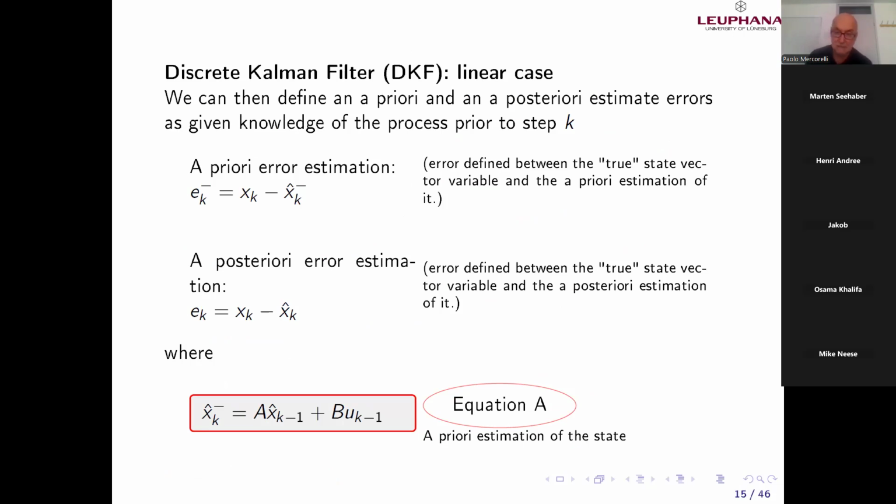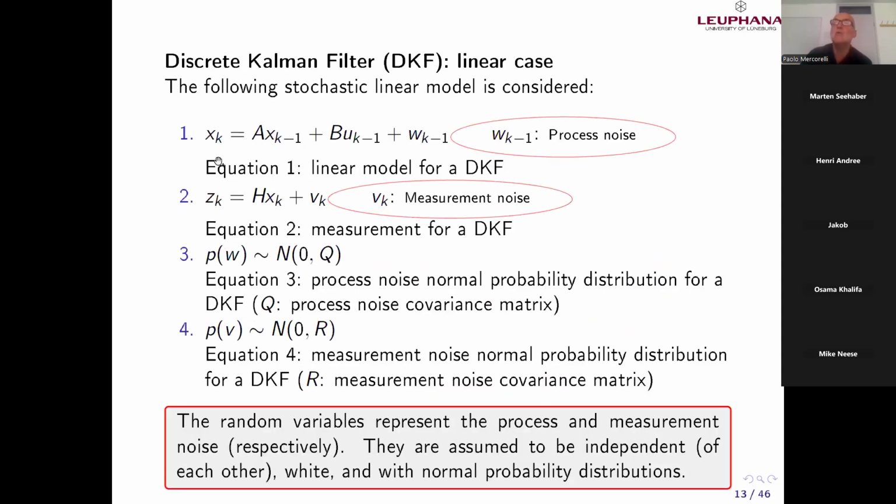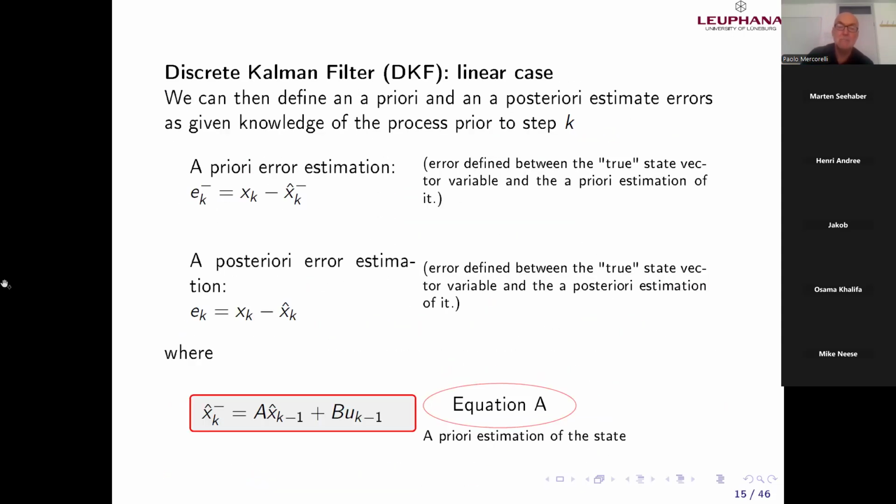Then we have an a posteriori error covariance estimation, which is more abstract this time, in which nevertheless we have the same x_k, the true of Kalman, minus something which I will tell you a little bit later. Also x hat minus, I will tell you later, but we can see it directly here, what x hat k minus is.